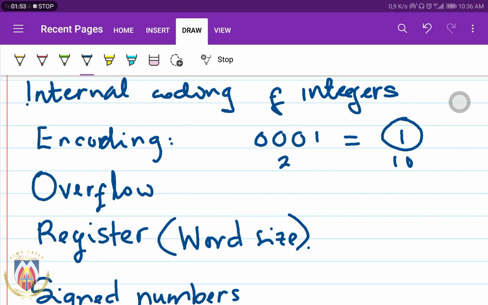That is when this issue of encoding comes into play. If a computer is storing numbers, 0001 means 1 in decimal. If a computer is storing, for example, music, 0001 means something else. So encoding gives meaning to whatever binary data we are looking at.